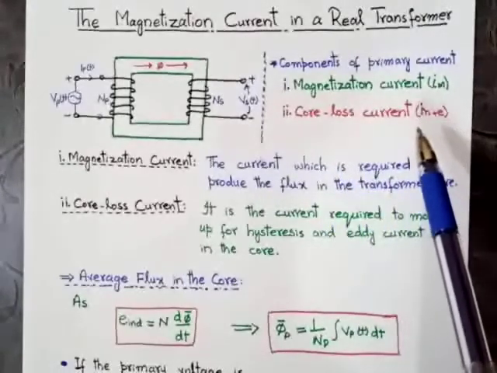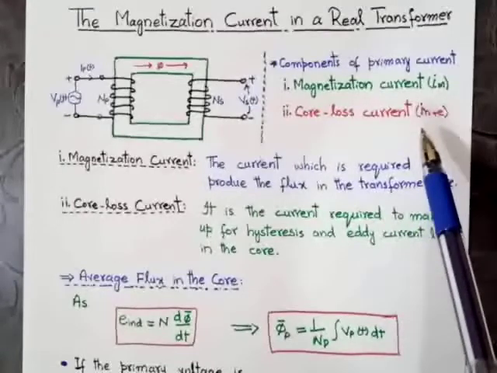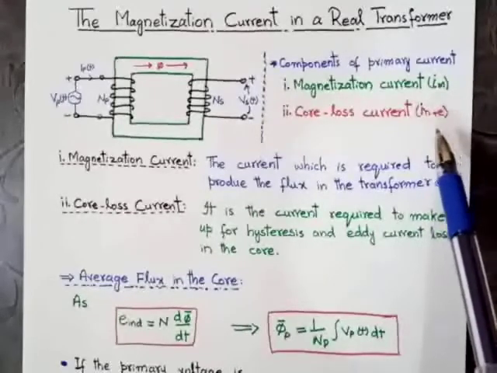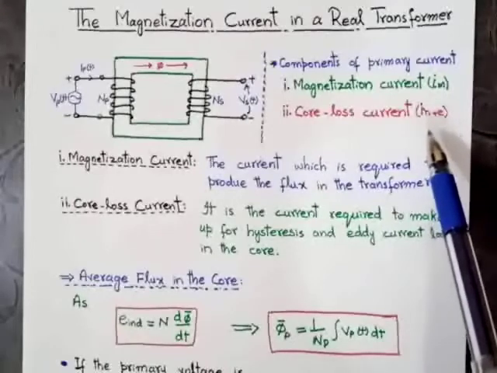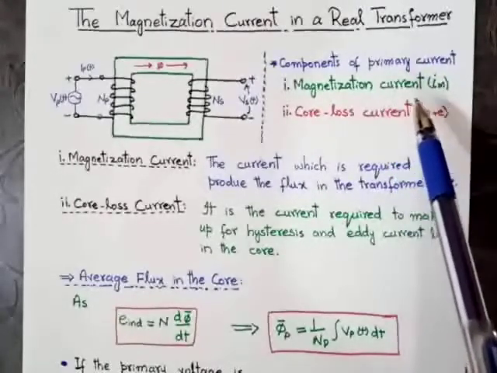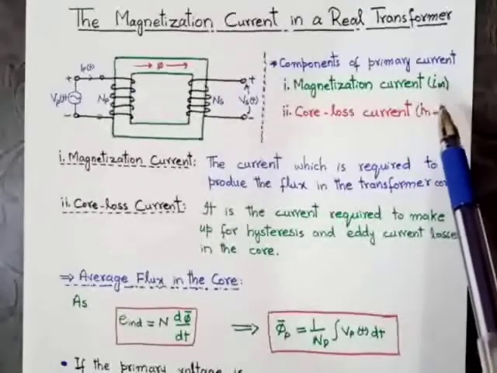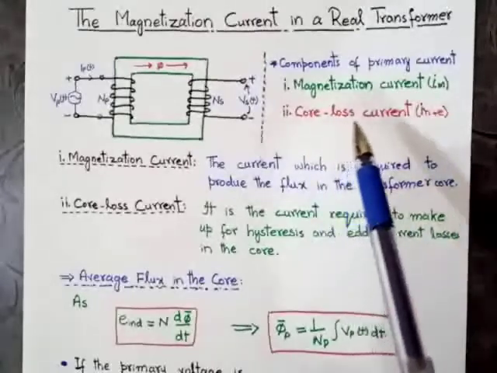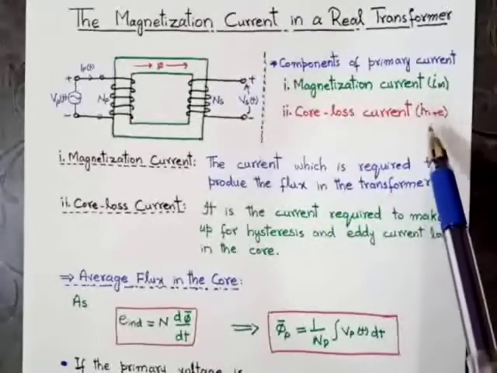We represent the core loss current with IH plus E. H means hysteresis and E means eddy current. First of all, we will discuss the magnetization current Im. After this, we will discuss the core loss current, that is IH plus E.